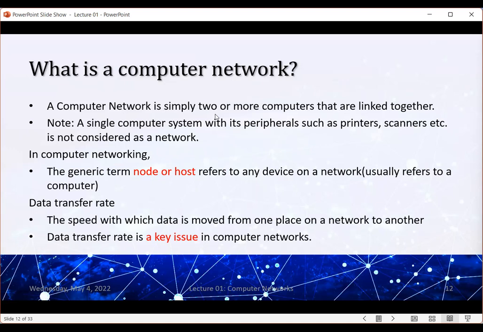You share the information between batchmates, right? Network means it's a collection. It may be a collection of devices, collection of people, but every person or every device share the information with the others. In the computer network, it means collection of computing devices. Collection of computing devices which are sharing information between them.